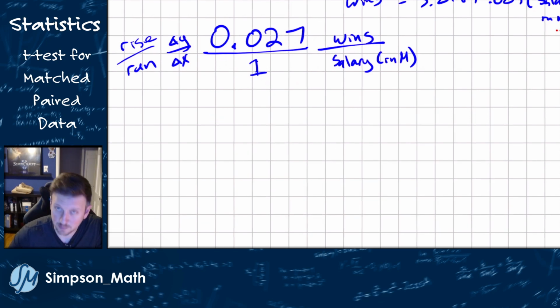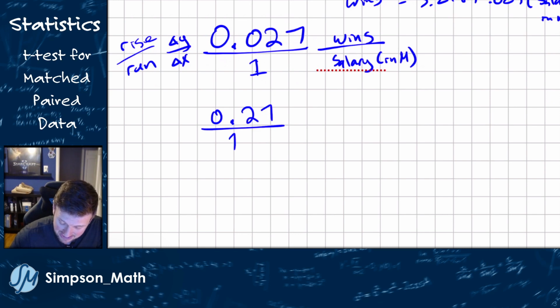So let's move the decimal place on both the numerator and the denominator over to the right by 1. So I have 0.27 over 10. This decimal place went over, this decimal place went over. So again, this would be wins per salary, again in millions.